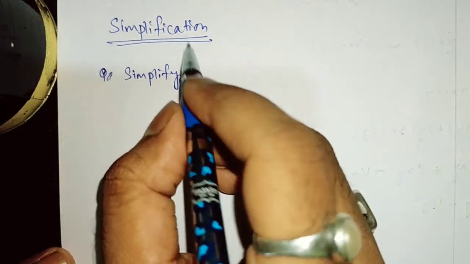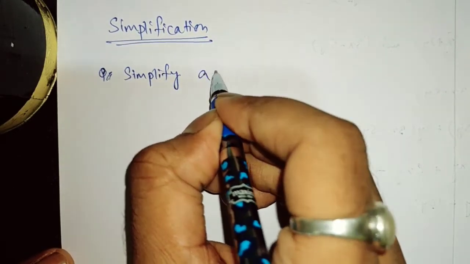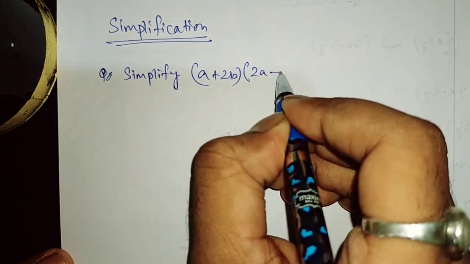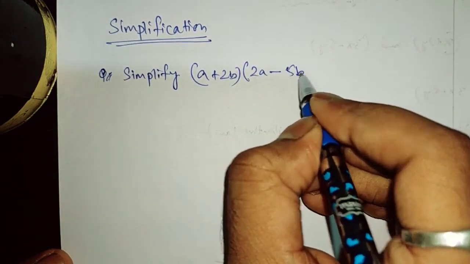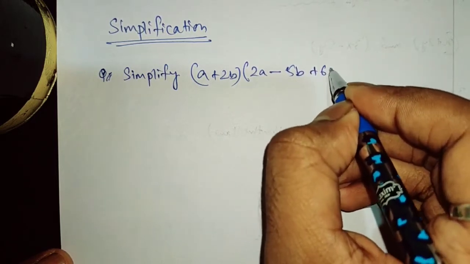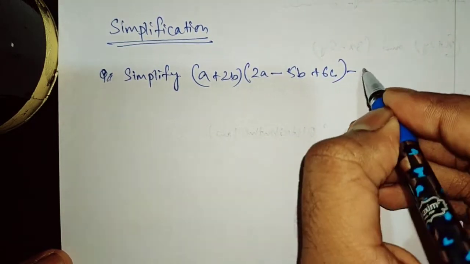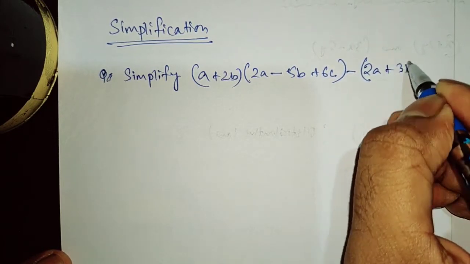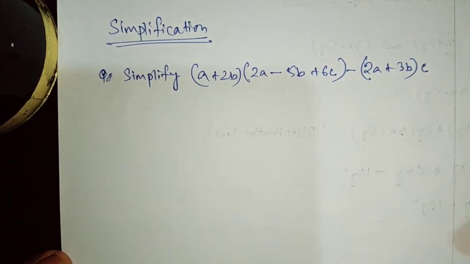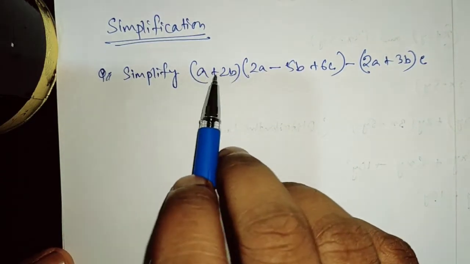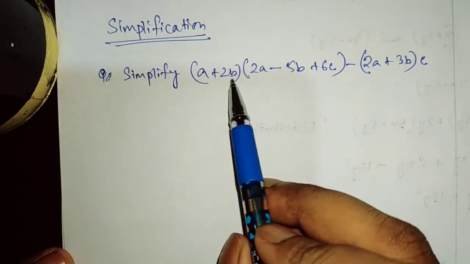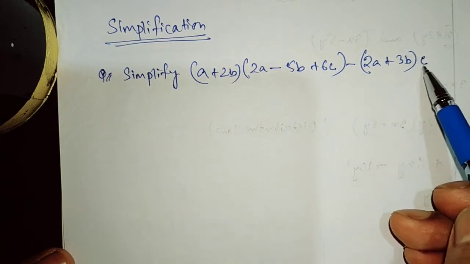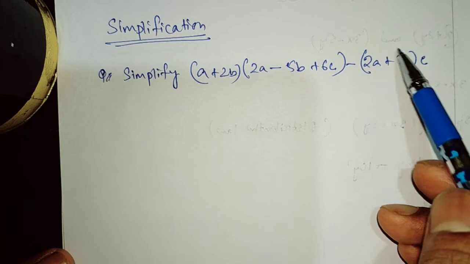Simplify (a + 2b)(2a - 5b + 6c) - (2a + 3b)c. So here we have multiplication of a binomial with a trinomial, also subtraction and multiplication of a monomial with a binomial.